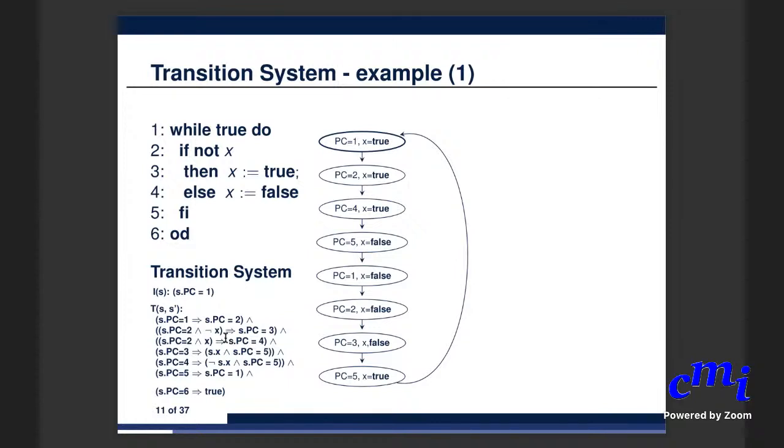This particular one, as you can see, throws away the structure of the program. It keeps track of the effect by defining, in terms of a formula, the transition that happens at a very low level. By low level, I mean the single execution step.